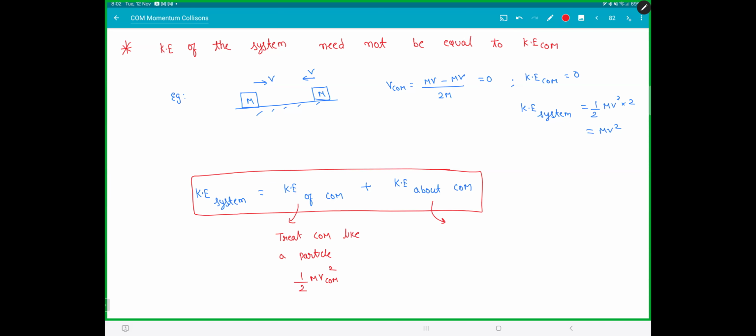Kinetic energy about center of mass means calculate kinetic energy of all particles with respect to center of mass, meaning stand on the center of mass and find the kinetic energy with respect to the center of mass frame. That will be sigma of half mi times the velocity of the ith particle with respect to center of mass, squared.